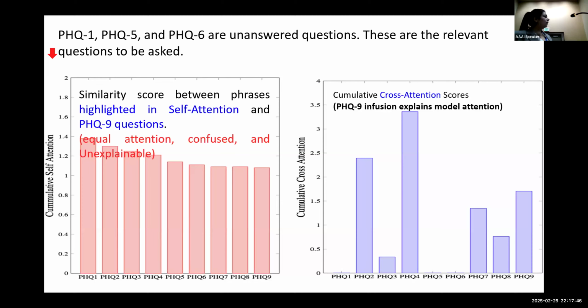So we checked our results. With self-attention and the PHQ-9 questions, it was not able to identify properly, reaching a cumulative self-attention of 1.4. But with our cross-attention layer, with the infusion of the PHQ-9 ontology, it was able to identify actual questions like PHQ-2, PHQ-4, PHQ-7 and PHQ-9 in the given text.